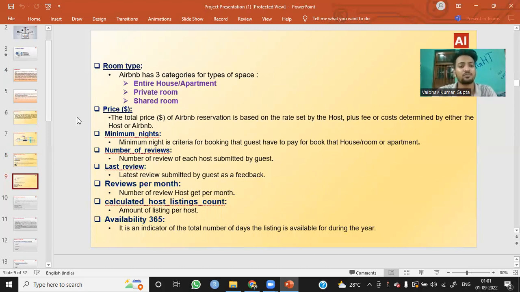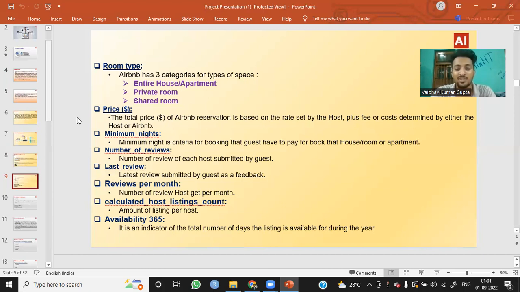Then we have the next column, minimum nights. Minimum nights is a criterion for booking, the minimum number of nights a guest has to pay to book that house or apartment. Number of reviews is the number of reviews for each host submitted by guests.